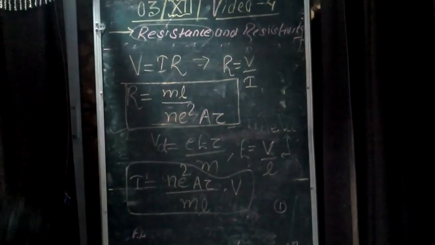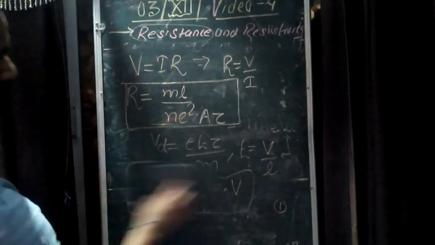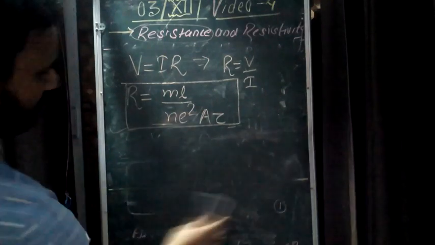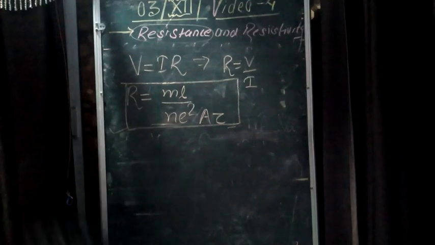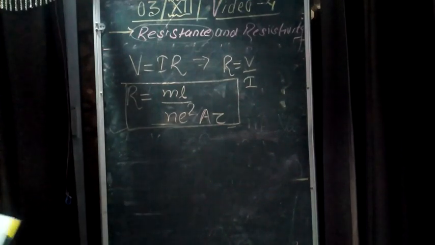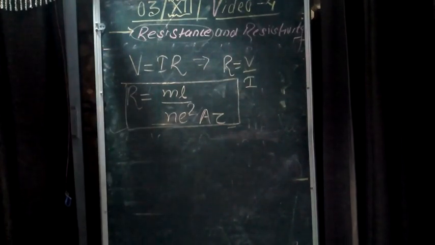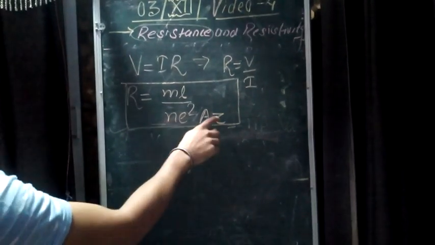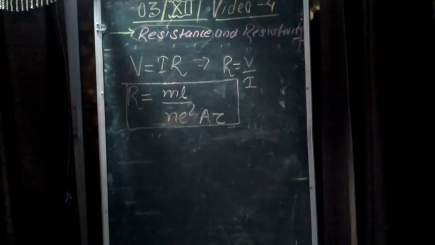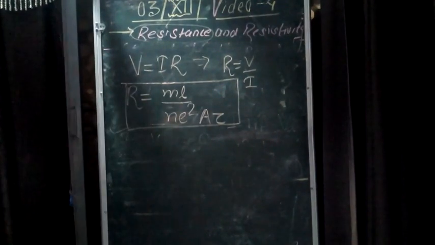It's a very important relationship. Sometimes in board examinations, questions can be asked: derive the expression for the value of R in terms of number density of charged particles and relaxation time. So this is the final value.